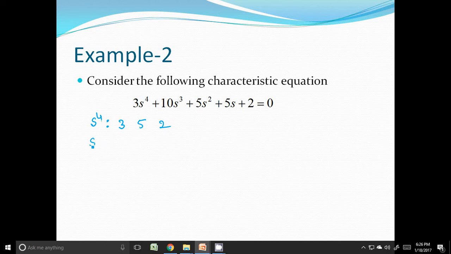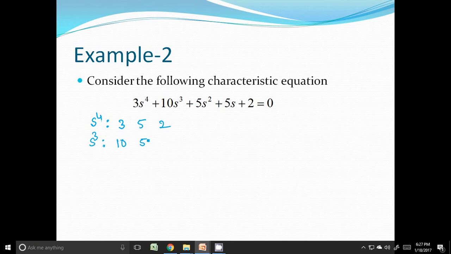Next, the s power 3 row, where we write the coefficients of odd power: 10, and the coefficient of s power 1 is 5.